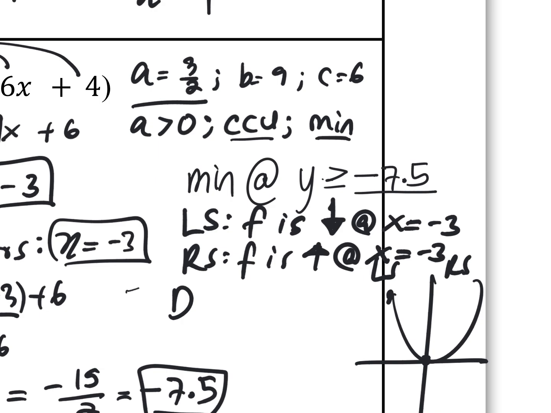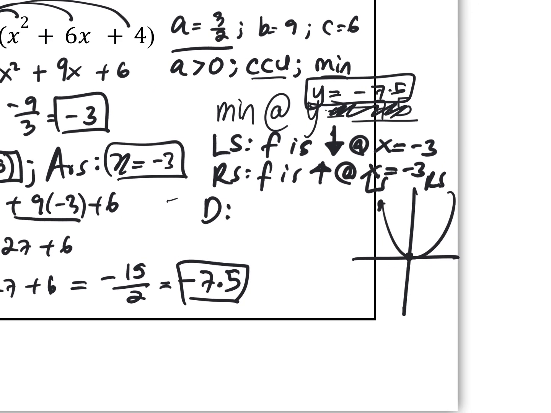The minimum should be y equals negative 7.5. Okay, so that's going to be the answer for the minimum. Now the domain is of course all real numbers, and the range here is going to be y greater than or equal to negative 7.5.